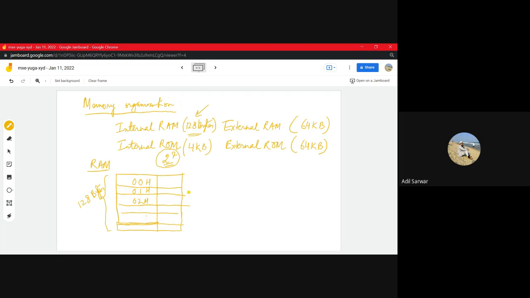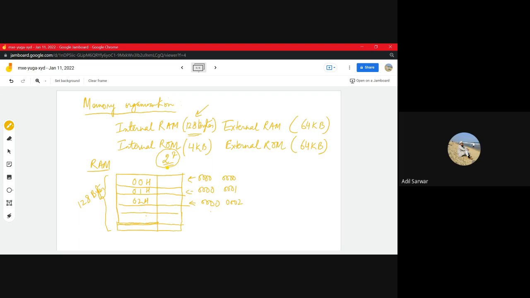To know what is the last, we can do one thing. Write 00H in binary: 0000 0000, then 0000 0001, then 0000 0010, and so on.